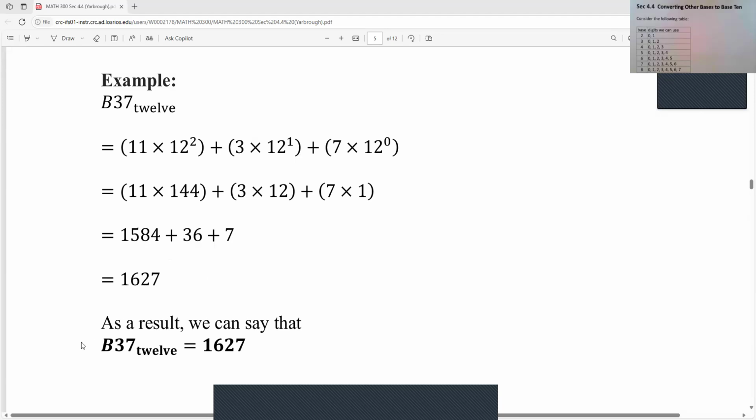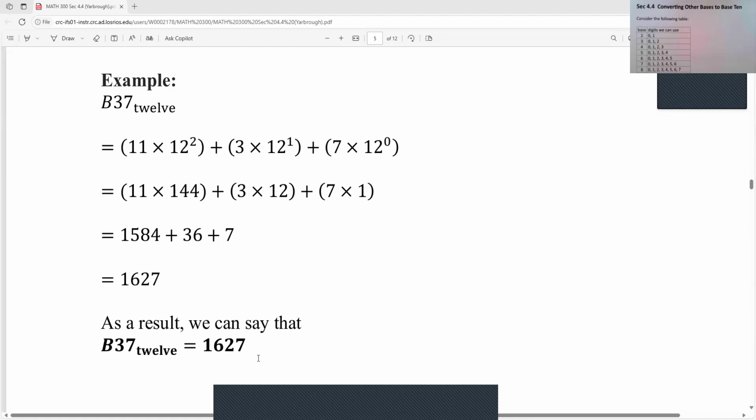And so my final answer is that B37 base 12 is equal to what we would call 1,627. In some alternate universe, if they would have chosen base 12 as their base for the number system instead of base 10, the number that they would write as B37 would be equivalent to what we would think of as 1,627 in our base 10 number system.